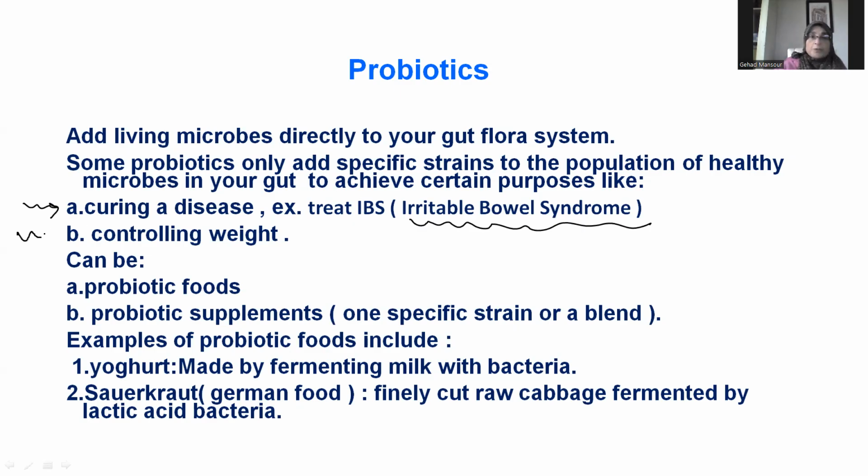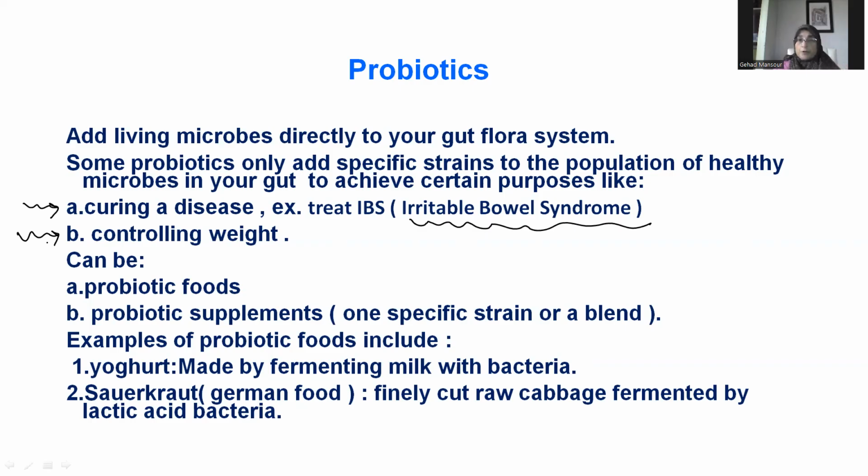There are other specific probiotics that are taken or prescribed in order to control weight, because we have watched in the video that you might crave certain types of unhealthy food that make you obese just because you have unhealthy bacteria that love fatty food.